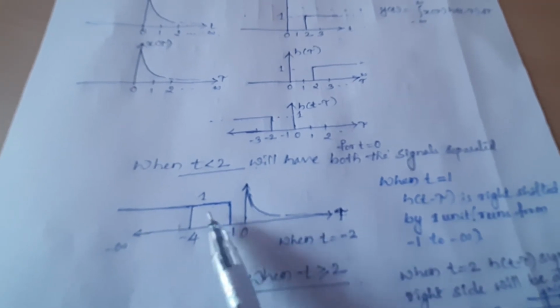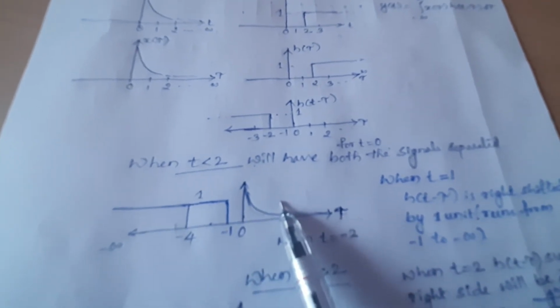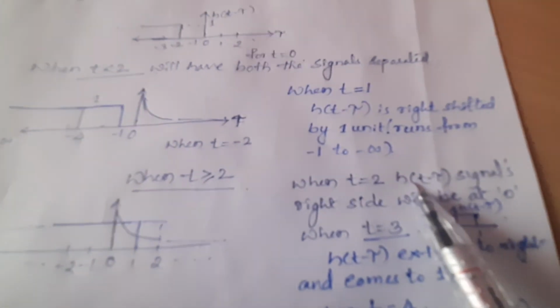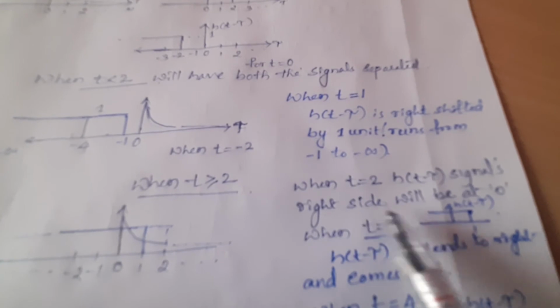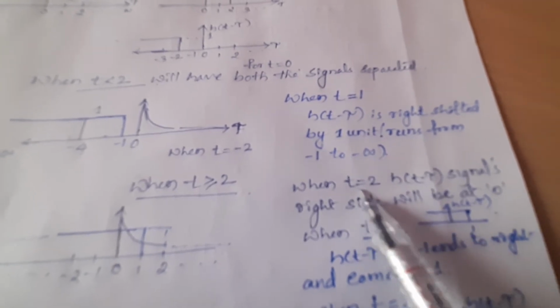But as we can see, there is no multiplication. When we take the value of t as minus 2, and then when we take the value of t as plus 2, then h of t minus tau signal will be right shifted by 2 units.